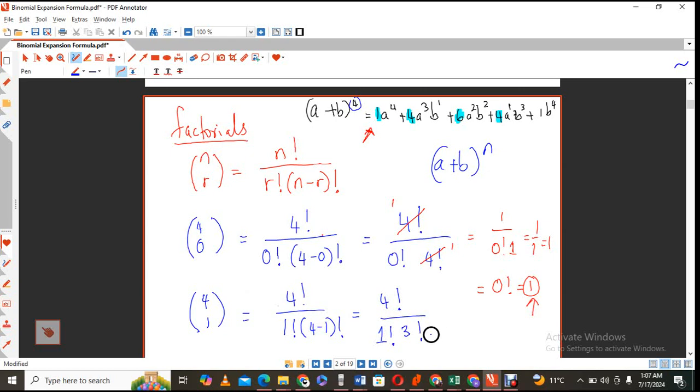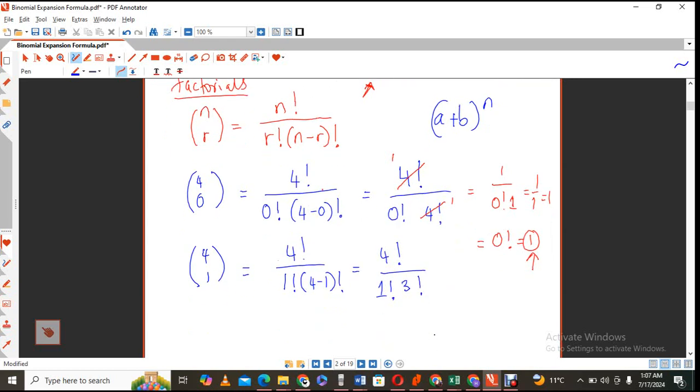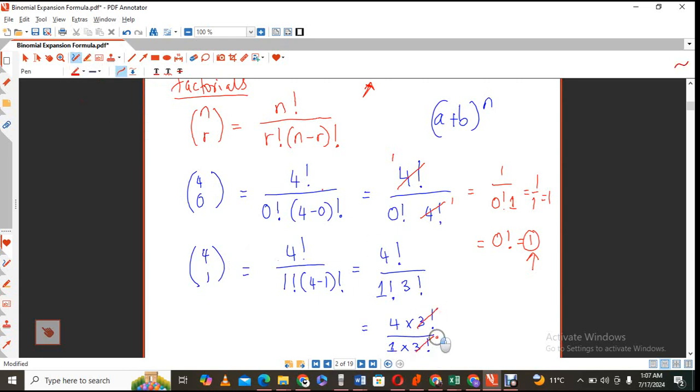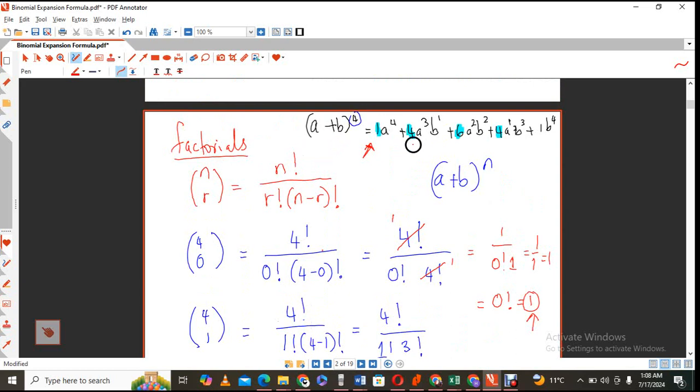Now, counting downwards, it means 4 times 3 factorial; I don't have to go down until 0 factorial. 1 factorial is just 1, so that is 1 times 3 factorial. Looking at my 3 factorials, I can cancel them out, and the final answer is 4 over 1, which is equal to 4. You can see that the coefficient there is 4.